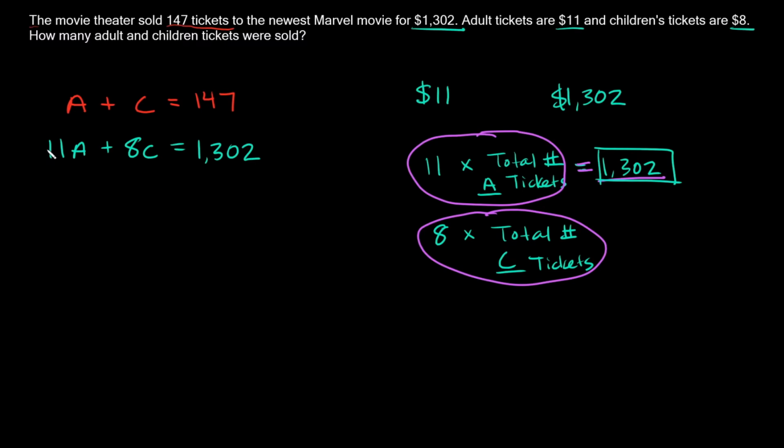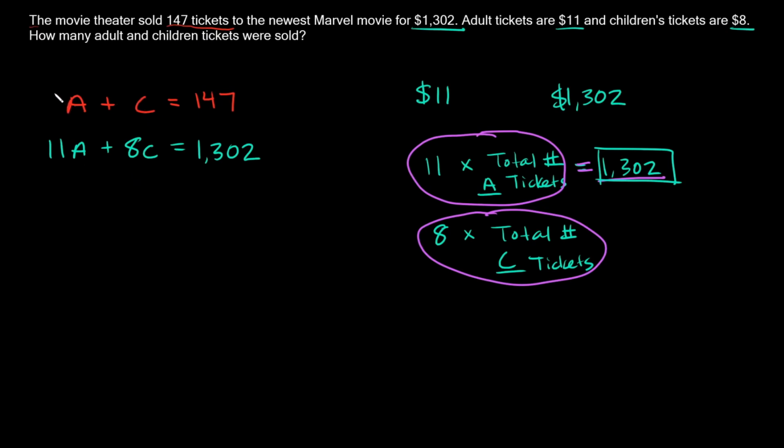Now the way elimination works is you're trying to make one of your variables disappear or cancel out. So you either want the A's to cancel out or the C's to cancel out. Okay, so for example, since I have a positive 11A down here, I would need a negative 11A up here for those to cancel out. Or since I have a positive 8C right here, I would need a negative 8C up here for the C's to cancel out.